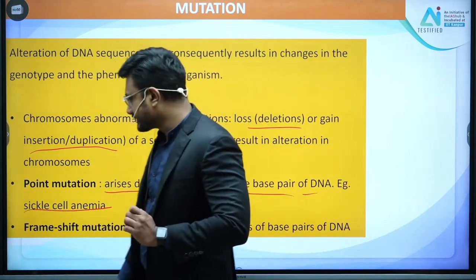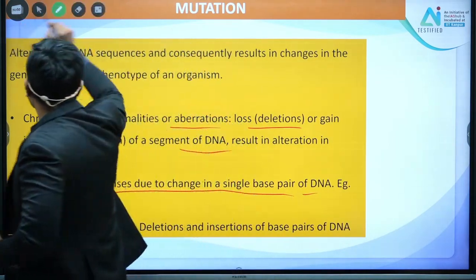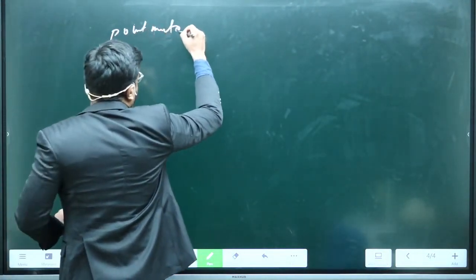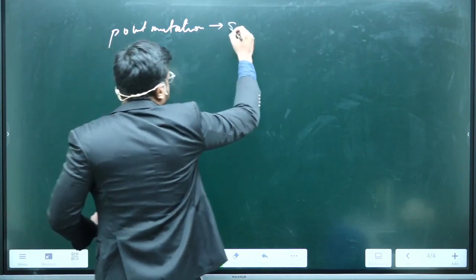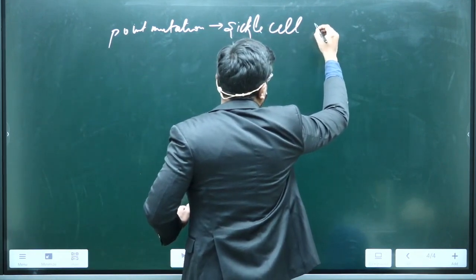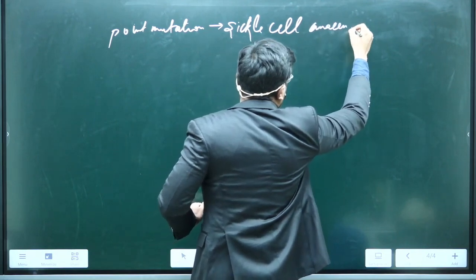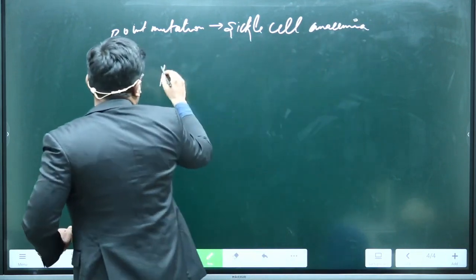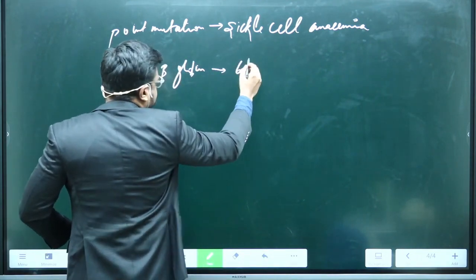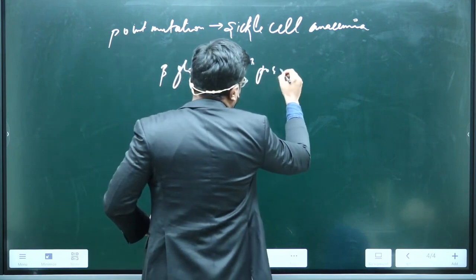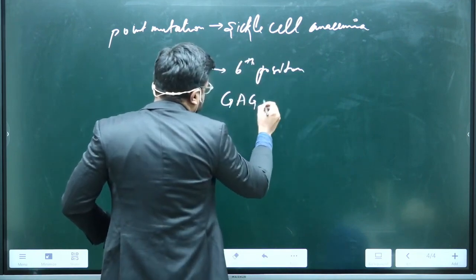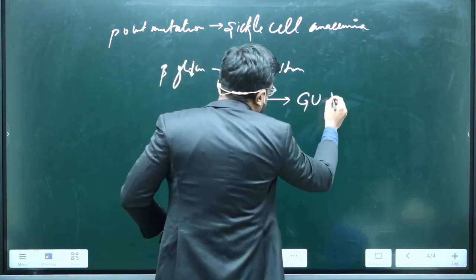So what happens in the case of point mutation is that, let us take an example of the point mutation that is happening in the sickle cell anemia. In the beta globin gene, in the 6th position, the codon, that is GAG, it is getting converted into GUG.